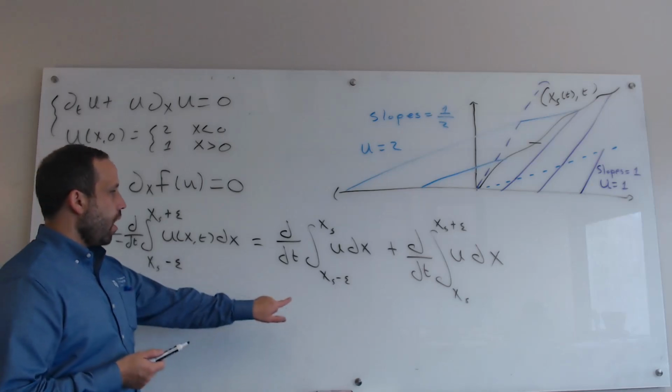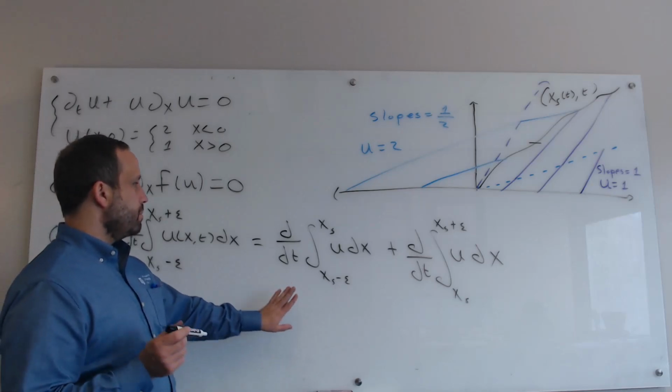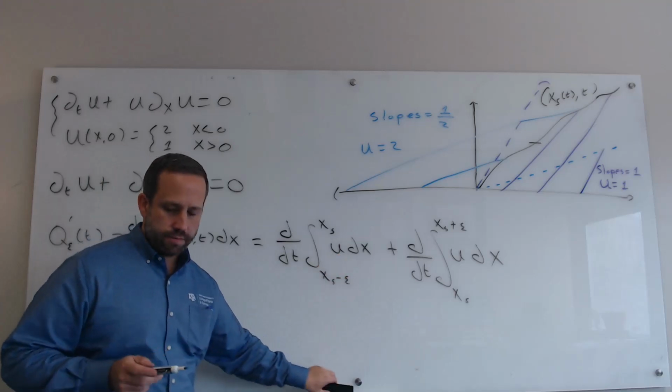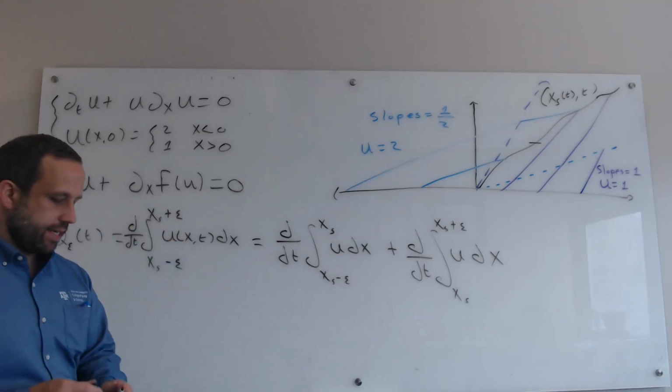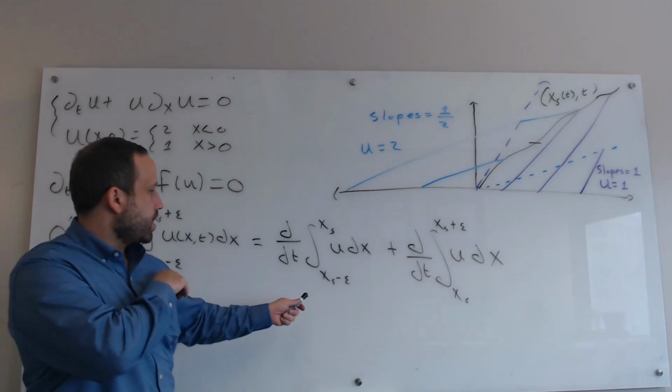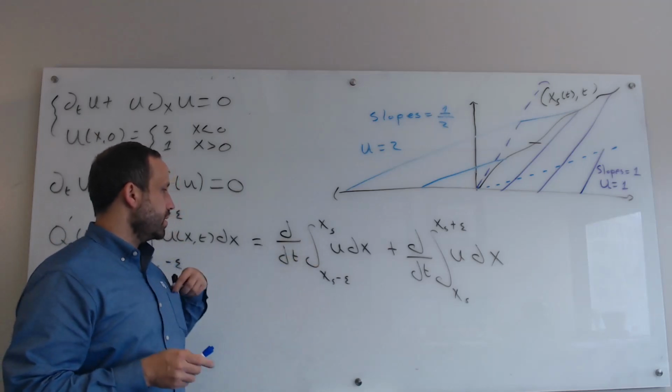Now I want to be able to move the derivative on the inside here. But if I want to do that, I have to use the Leibniz rule because these bounds depend on t.